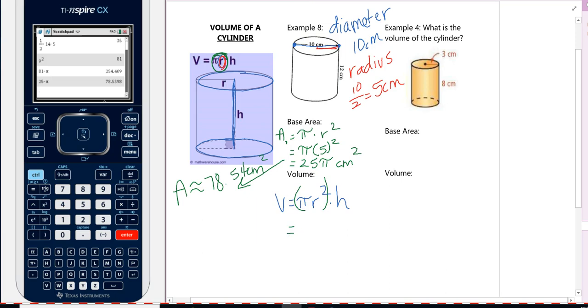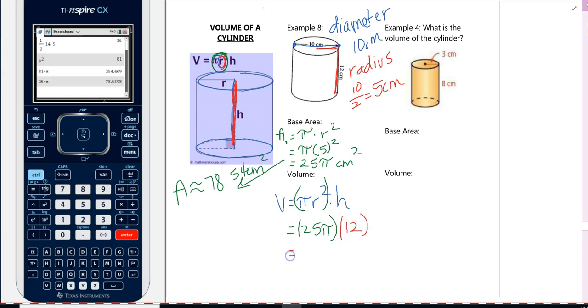And just to be a little bit more exact, instead of rounding with my decimal, I'm going to write 25 pi instead of my decimal answer. Our height then is going to be the distance between those two parallel sides, right? That's where we have those perpendicular segments there. So our height in this case would be 12 centimeters. So I'm going to multiply that by 12.